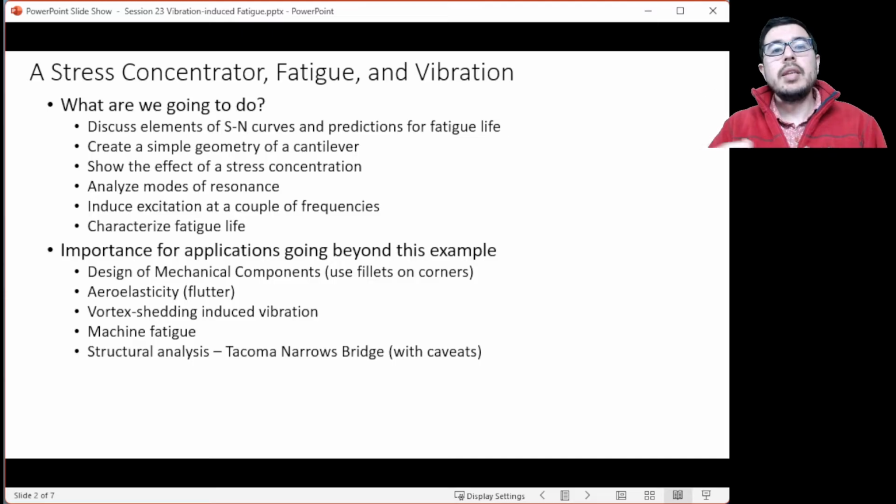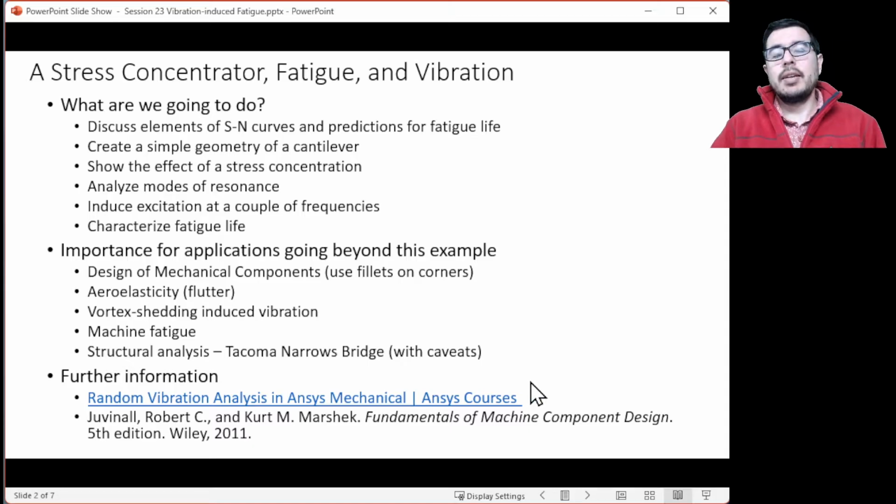Now, in many of these cases, the details are more complicated than what we're going to get into here, but ultimately, we're looking at being able to reduce stresses by appropriate design of fillets, look at how to account for vibration and how that might induce failure due to fatigue in the long term or short term, depending on how it's being loaded and how it's being designed.